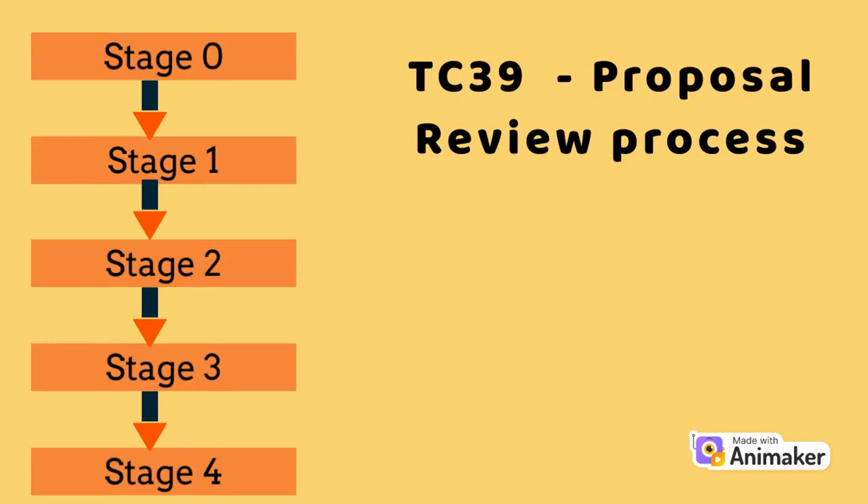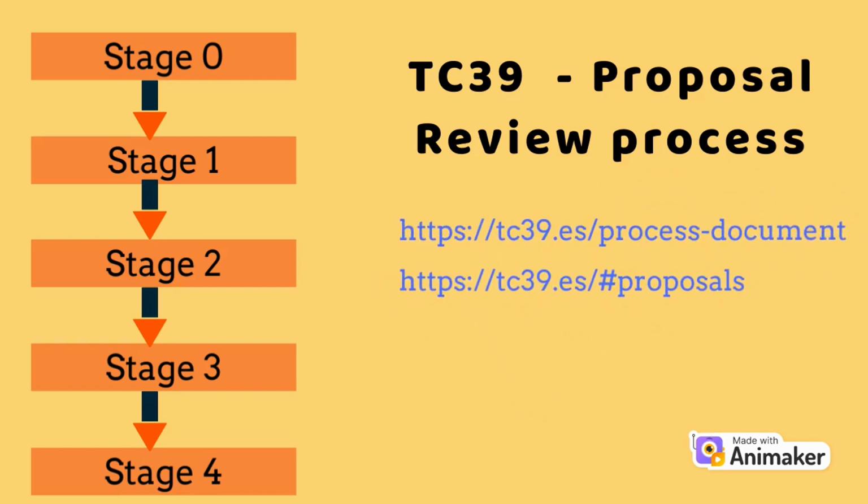You can read more about this stage process on these links, and all the proposals are documented in a GitHub repository as well. The first stage is the stage 0 proposal. This proposal is planned to be presented to the committee by a TC39 champion, or the proposal has been presented to the committee and not rejected definitely, but it has not achieved any of the criteria to get into stage 1.